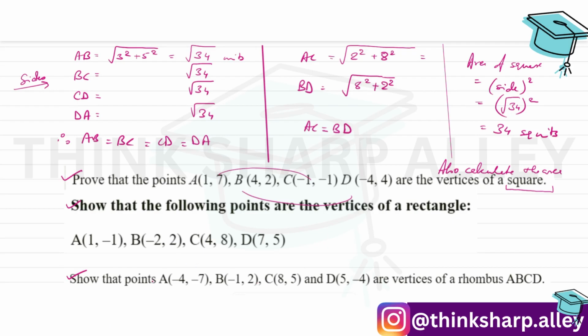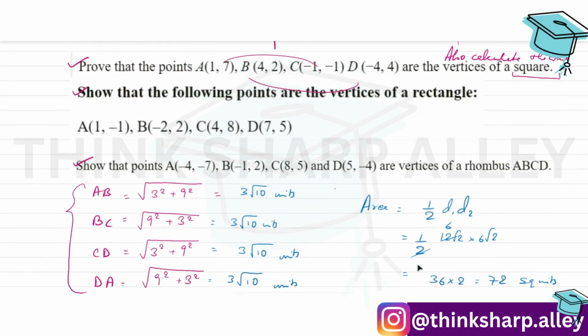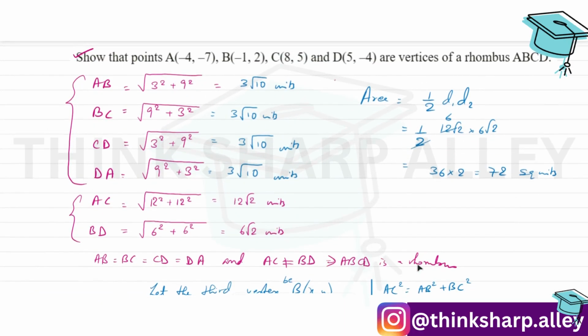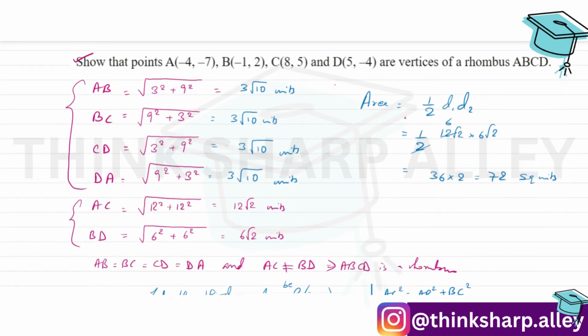Now moving on to the last question: show that these points are the vertices of rhombus ABCD. Which means once again we'll calculate the sides and the diagonals, which I did like this. Not only that, I've also calculated area in case there is a question asking us to find the area of the rhombus.